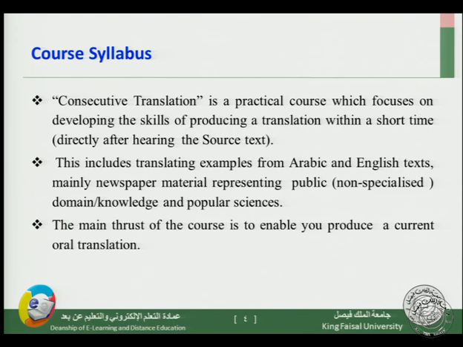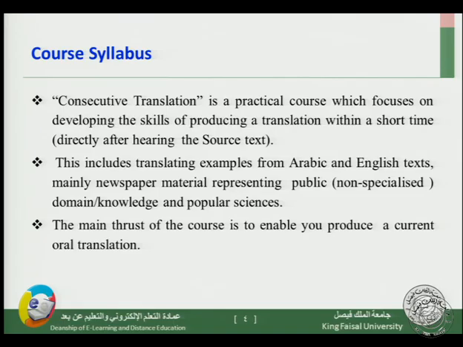Now, what kind of text will we be dealing with? Most of the text we will be dealing with are taken from newspapers, from magazines, and so on. It's not really very difficult, but this is what interpreting really involves, to be honest. But we'll talk about it. So mainly newspaper material.